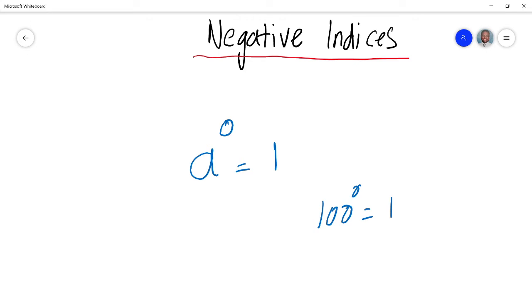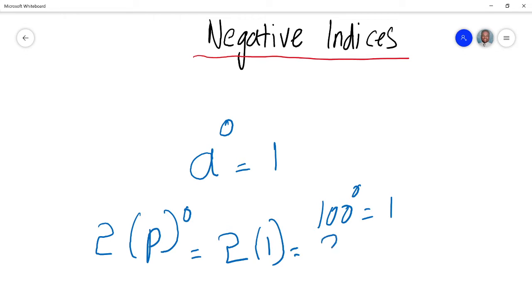Let's say, for instance, you've got 2p to the power 0. That's the same as 2 times p to the power 0, which is 2 times 1, equal to 2. If you want to look at further questions on powers of 0, please look at my previous videos to gain a better understanding of the theory of how it works, as well as some questions that we can go through.